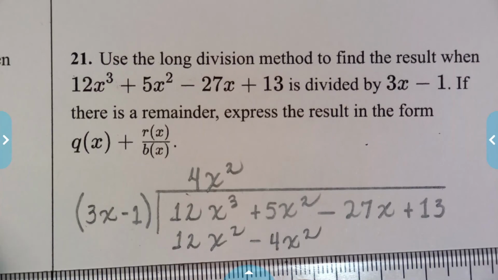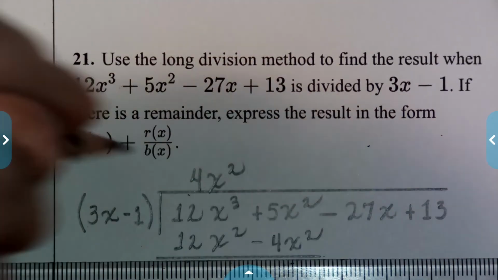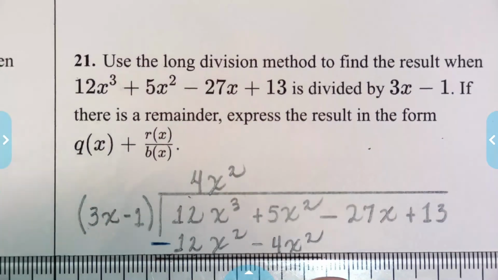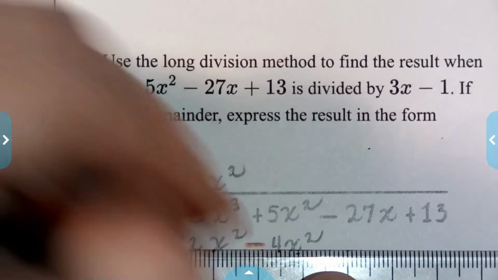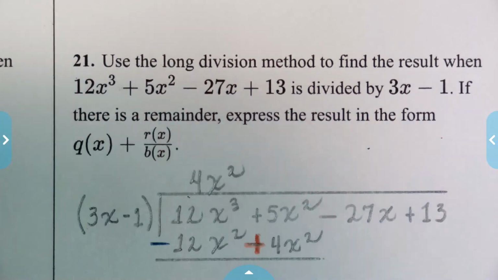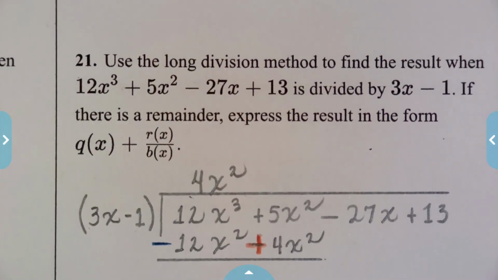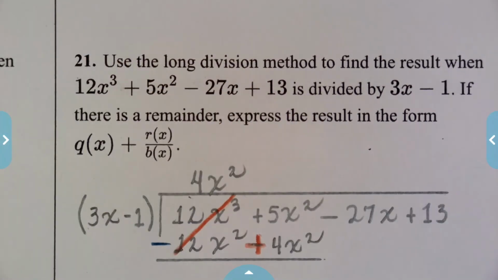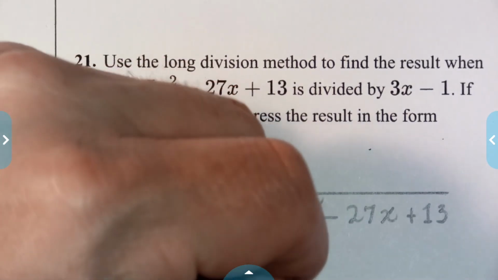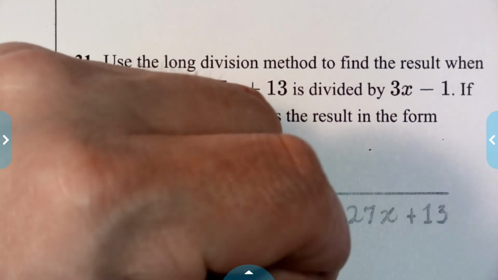And now it's time to draw a line and change both signs. But in this case, I'm changing this minus to a plus. Okay? I'm changing the sign, right? So here in the first instance, these cancel. And now I've got 5 plus 4, so I've got 9x squared minus 27x.